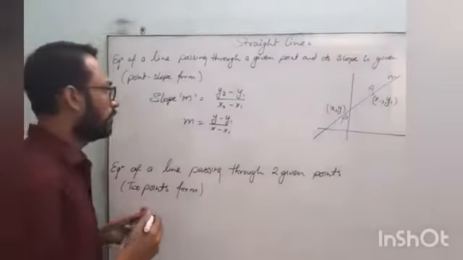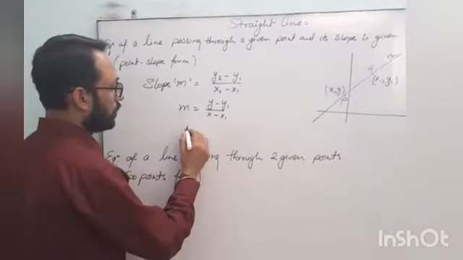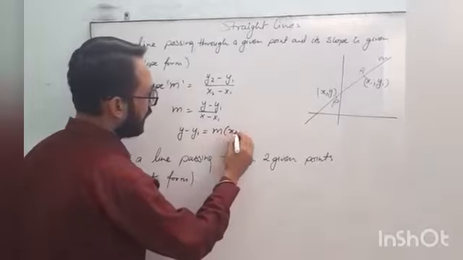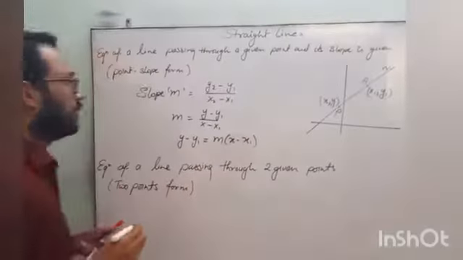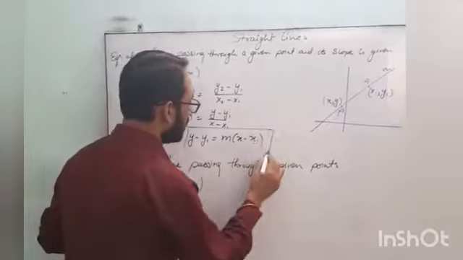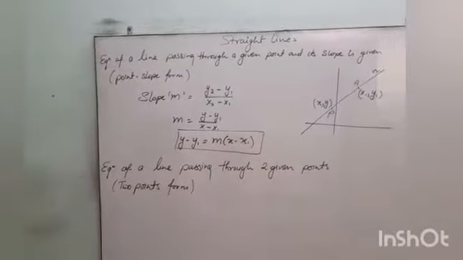So now this equation will be y minus y1 equals m times x minus x1. This is the equation of a line passing through a point when slope m is given.